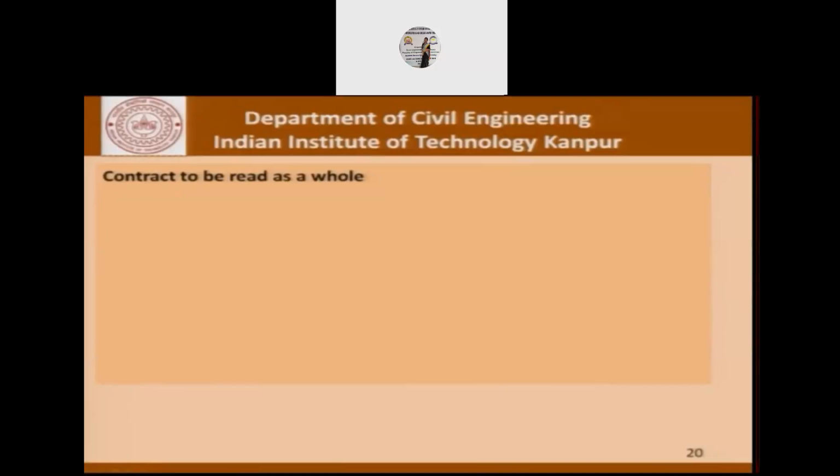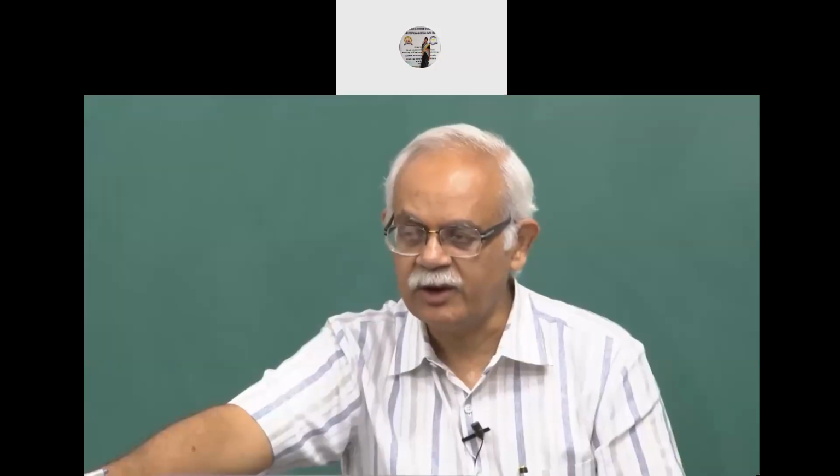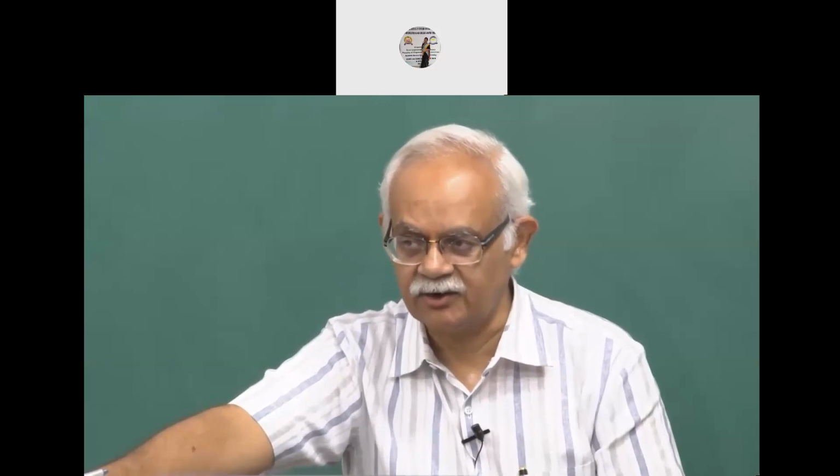Fundamentally, a contract has to be construed as a whole, together with the intention, which is important, that the courts or the arbitrators must ascertain at the time that the parties entered into that contract.